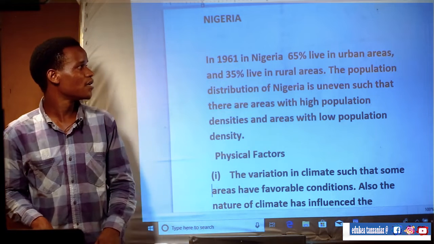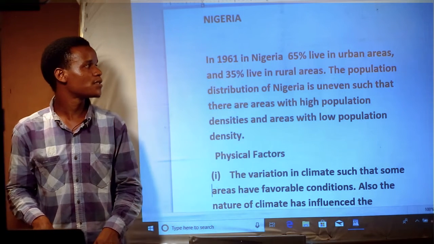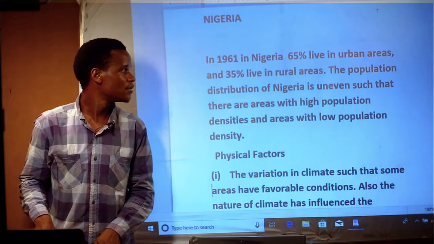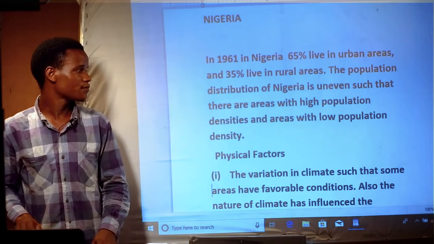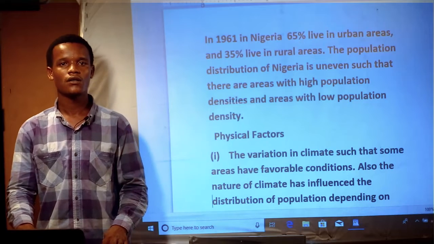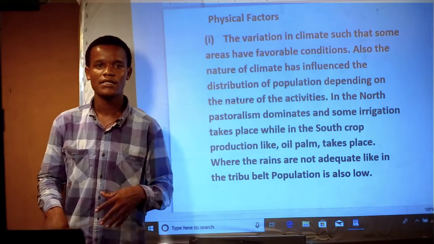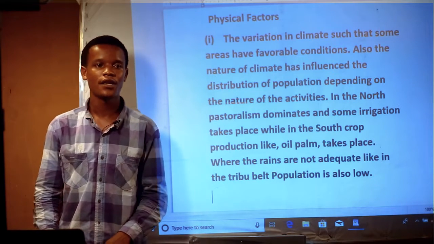As we see in Nigeria in 1961, 65% lived in urban areas, while 35% lived in the rural areas. So let us now look at the reasons that lead to the uneven distribution of population in Nigeria.